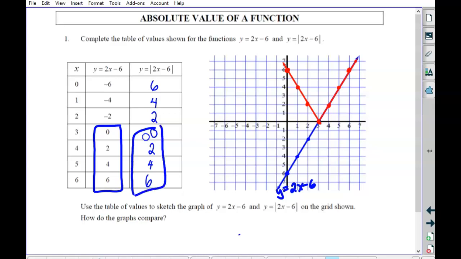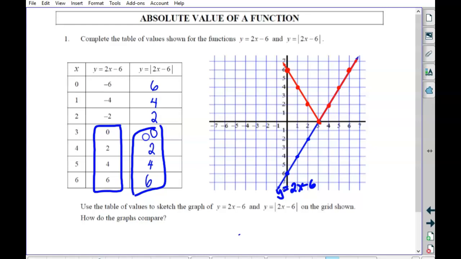These are exactly the same. For what x values does that happen? 3, 4, 5, 6, and everything in between. So when the original had y values that were positive, when we take the absolute value, they don't change, because the absolute value of a positive is a positive.